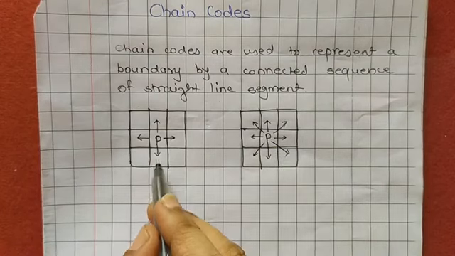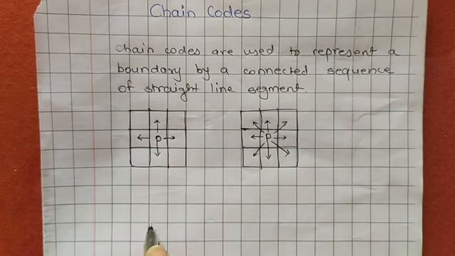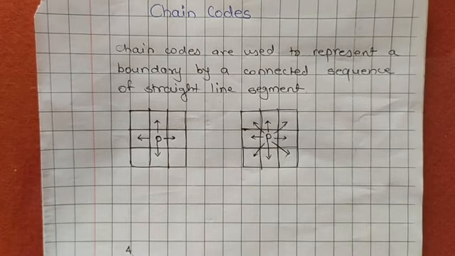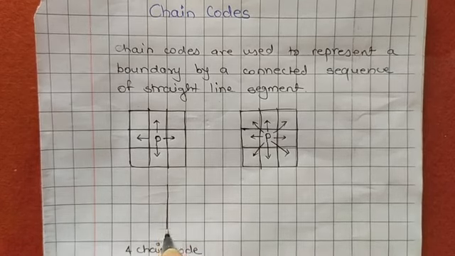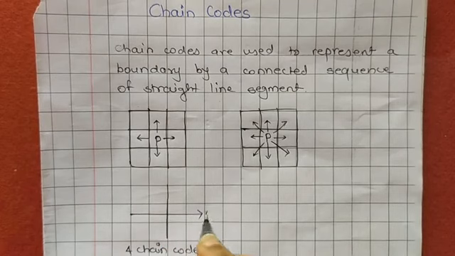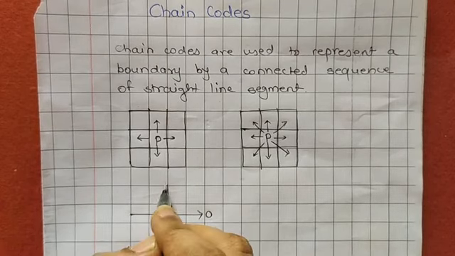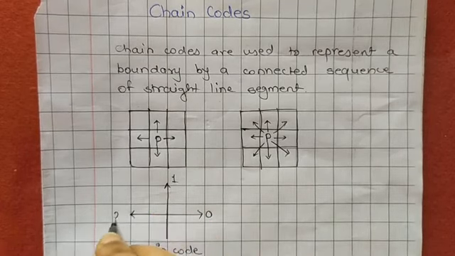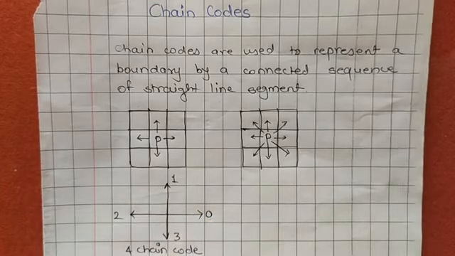Here the direction convention for such type of 4 neighbors of pixel P is called the 4 chain code, and that 4 chain code is represented like this. This is having code 0, this is having code 1, code 2 and code 3.